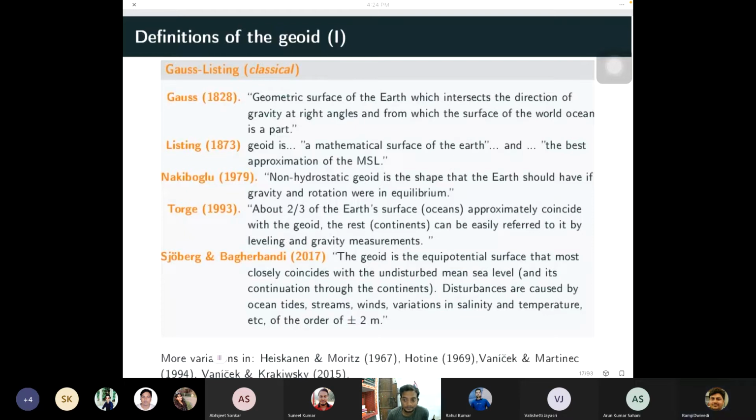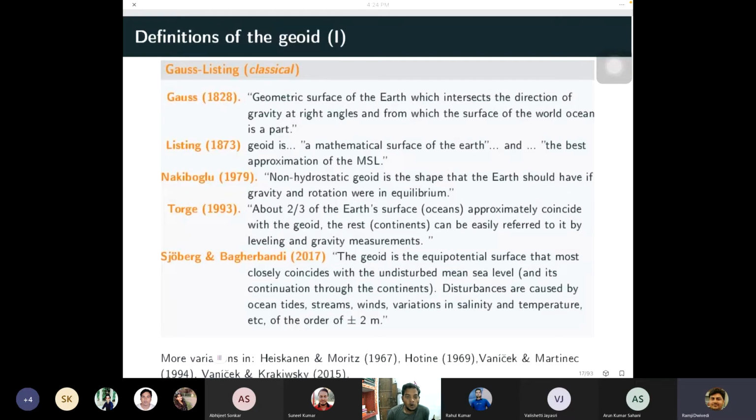That plumb bob is showing the direction of gravity, and the way the surface intersects the direction of gravity at right angles defines that geometric surface. And from which the surface of the world ocean is a part.